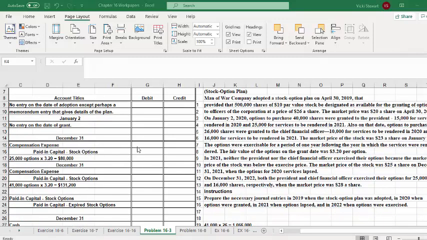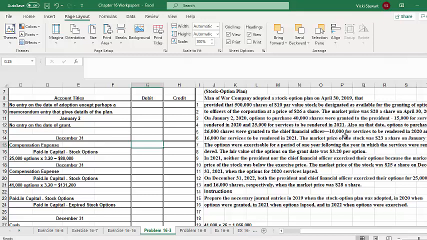But there is a need to record the compensation expense for the services rendered for 2020 at the end of the year. So the President received 15,000 options for 2020, and the CFO received 10,000 options.